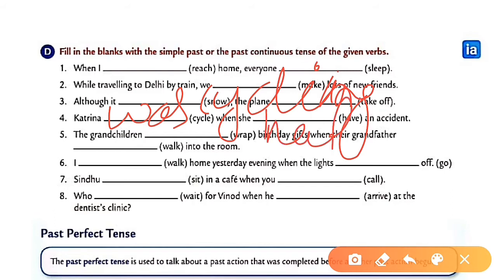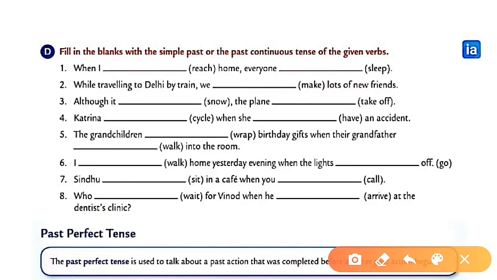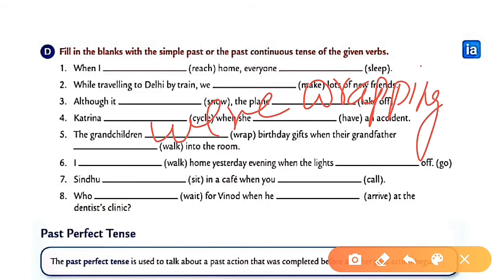Next, number 5. The grandchildren were wrapping birthday gifts when their grandfather walked into the room. Walked, simple past tense.